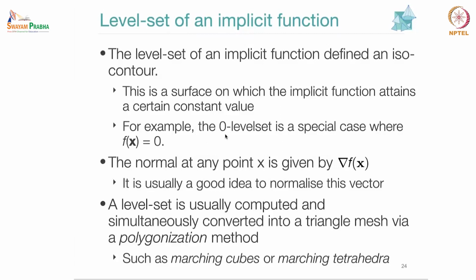So we defined the implicit field, and I have been talking about defining an implicit field at points in space. But how many points in space do I need to consider? So let me share my screen again and draw a little bit.